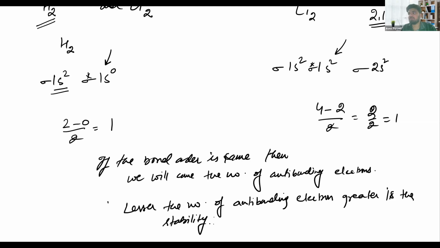Paramagnetic means it has unpaired electrons. For example, oxygen: O2 has a total of 16 electrons.